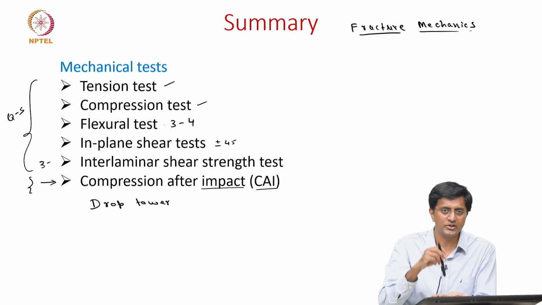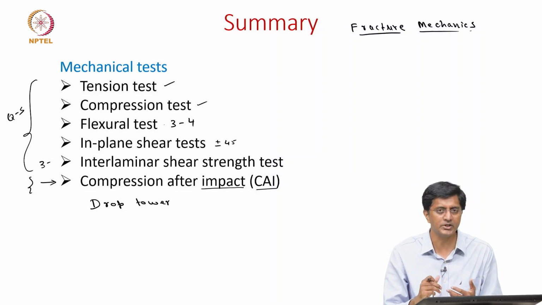The velocity of this impact and the mass of the impactor will tell you the energy at which the impact is occurring. And using these drop tower tests, one can see the resistance of this panel for absorbing the energy or resisting damage for impact loads.